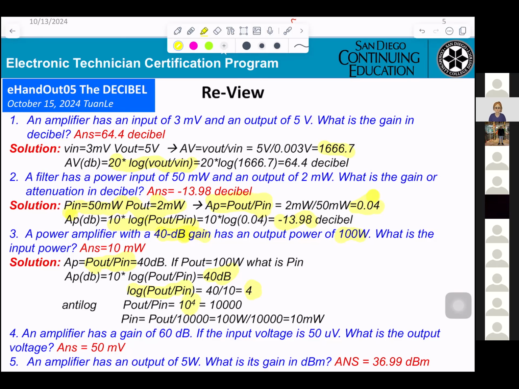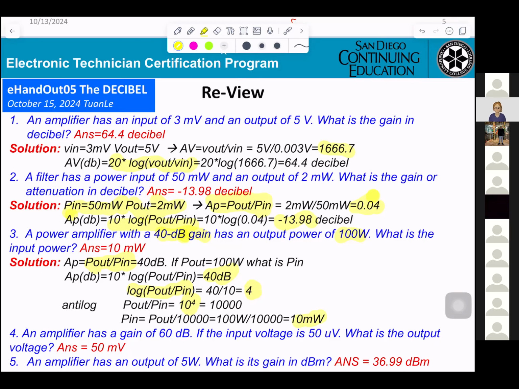You get 10,000. P in equals P out over 10,000, equals 100 watt divided by 10,000. You get 10 milliwatt.